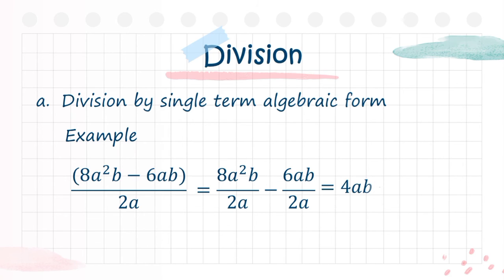Then we divide to get the result 4ab minus 3b, where we subtract a in the numerator by a in the denominator.